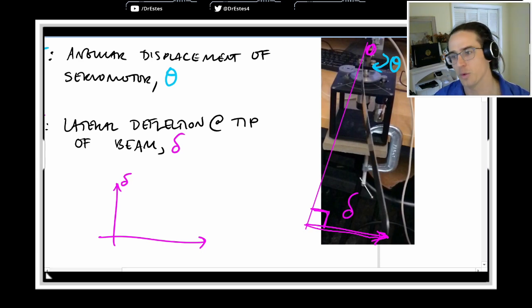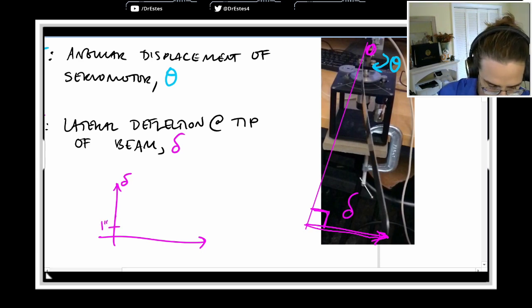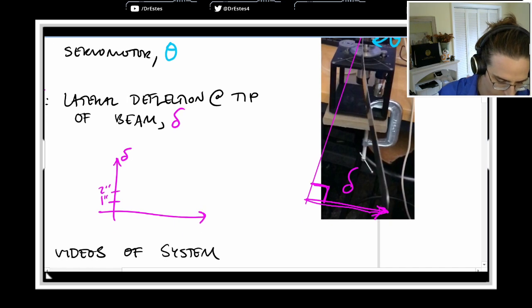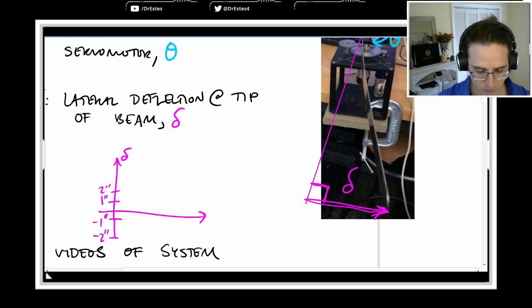So we deflect it 1 inch, 2 inches, and we go different directions as well, like 1 inch in the other direction. So like -1 inch, -2 inch. And then what we do is we measure the voltage that's coming off of the strain gauge.